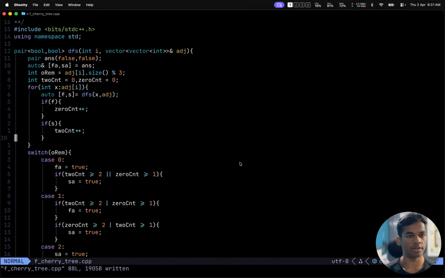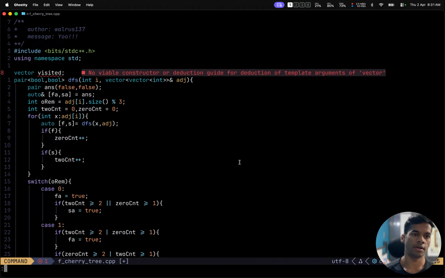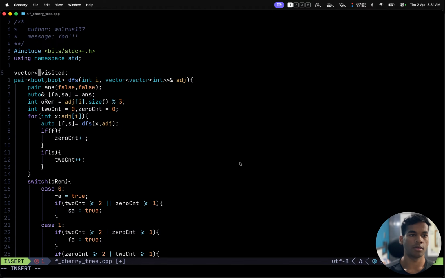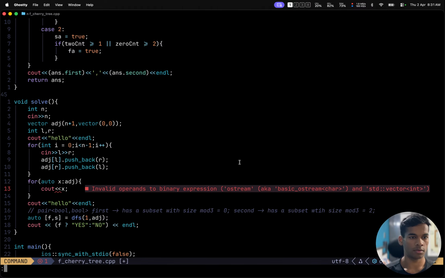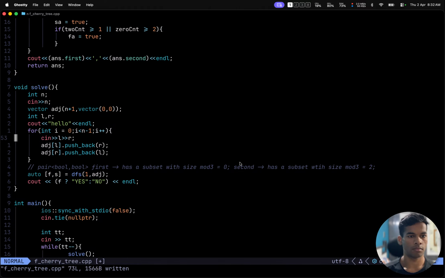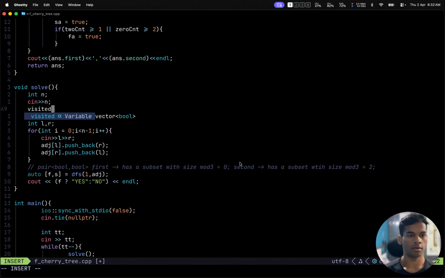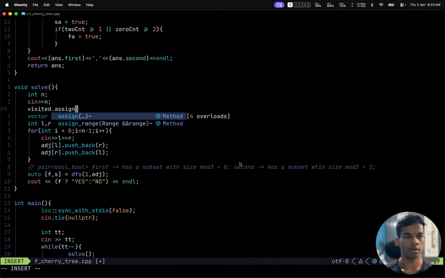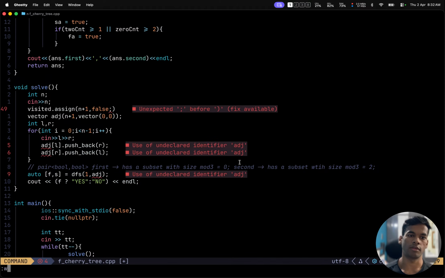Okay, makes so much sense. Vector visited. We need a vector named visited, and after getting n, we will say visited dot size n plus 1, and everything is false.